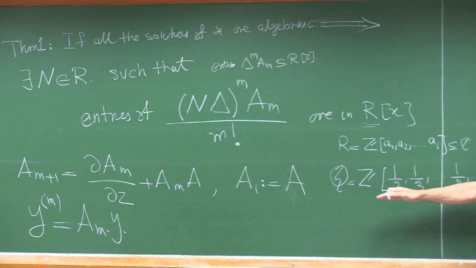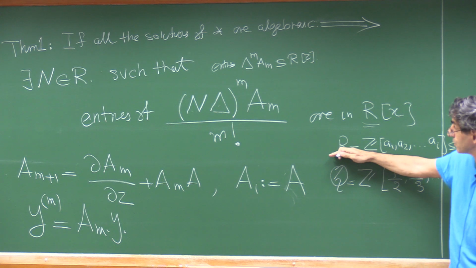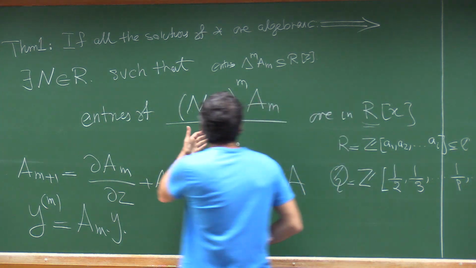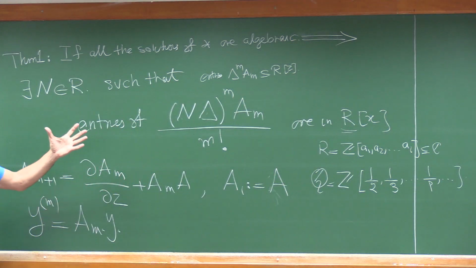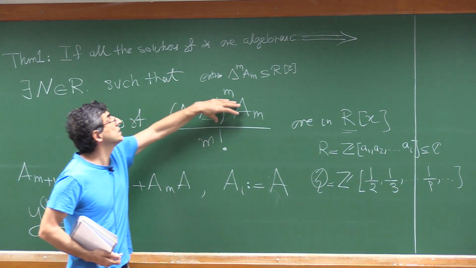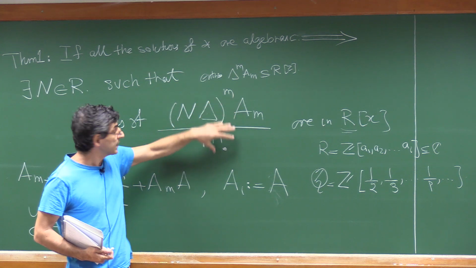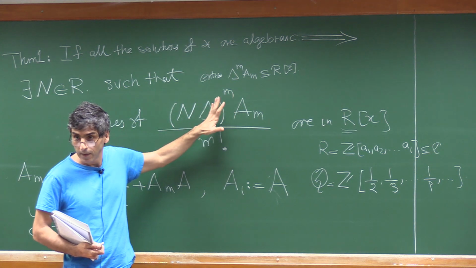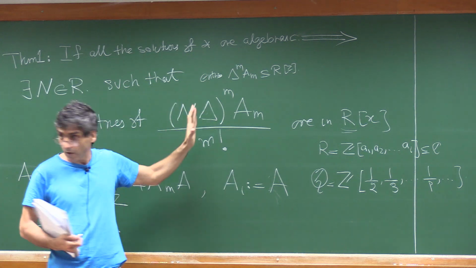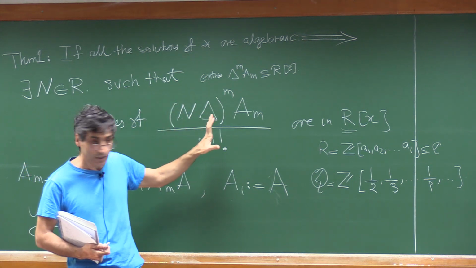The rational numbers are an infinitely generated subring of the complex numbers. This one is finitely generated. And the theorem says that something happens in this denominator that is so special that the primes will be cancelled, and only a finite number of primes might survive in the denominator.